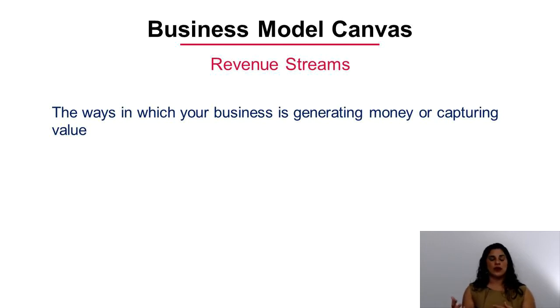And so, in the value that we're delivering to them, think about that. Are you delivering the same thing to everybody, or do you have different offerings that would require different revenue models?